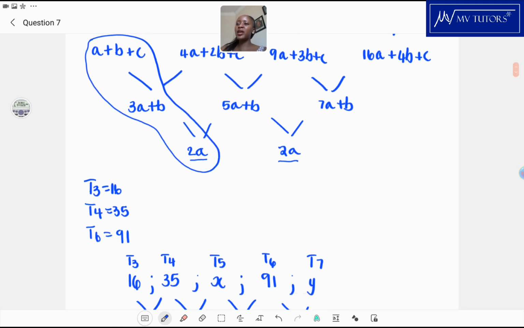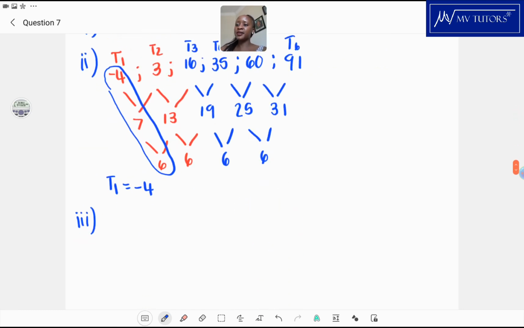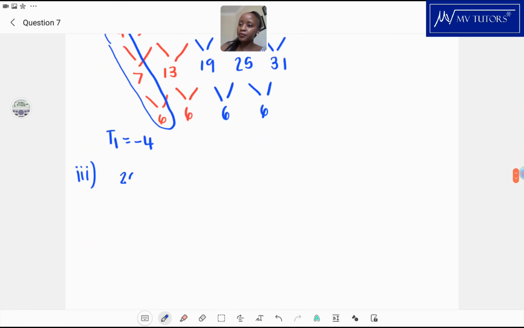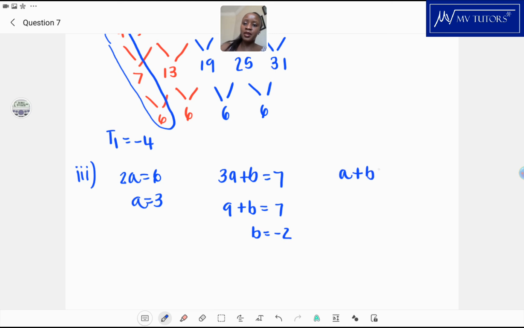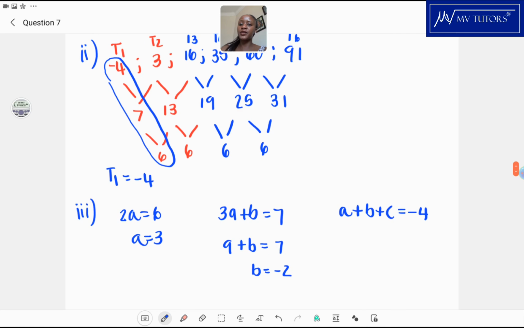So 2A would be equal to 6, so I have that A is 3. And then 3A plus B equated to 7. So we know that A is 3, so 9 plus B is 7, so B is equal to negative 2.